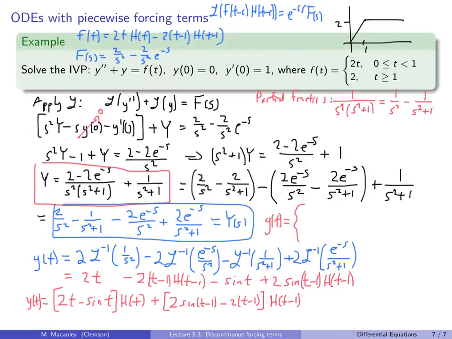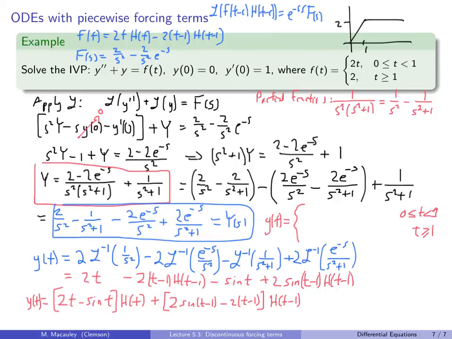So in other words, there's going to be something for t between 0 and 1. And then there should be something for t greater than or equal to 1. Okay, so how do we do this?